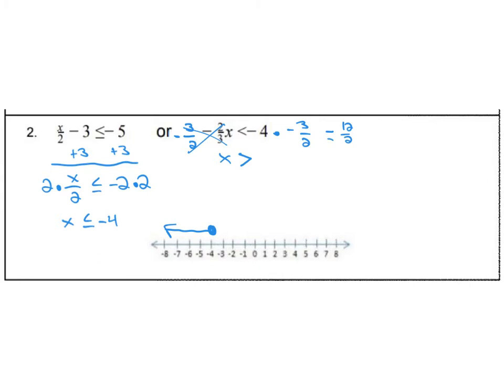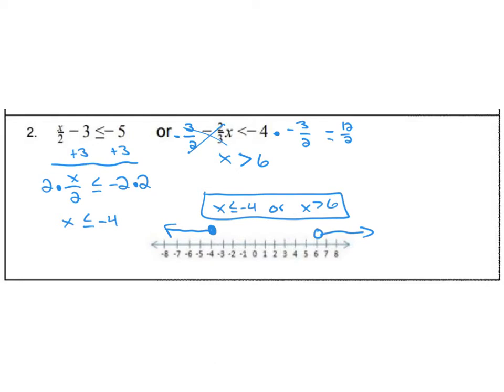So that is going to end up simplifying to greater than 6. So x is greater than 6. Now again, this is an or statement, so we want to make sure our final answer puts both of those answers together. x is less than or equal to -4, or x is greater than 6.